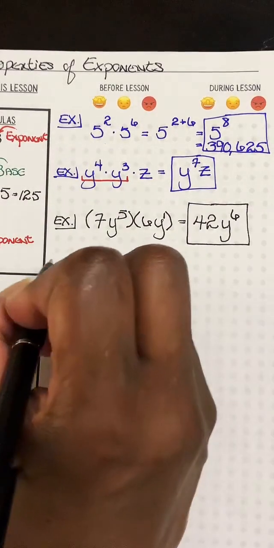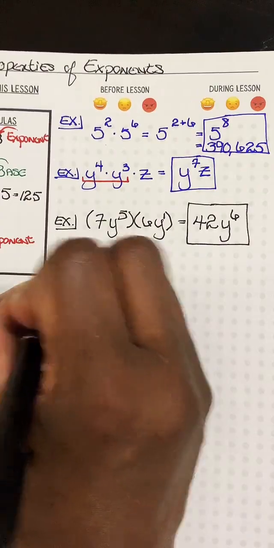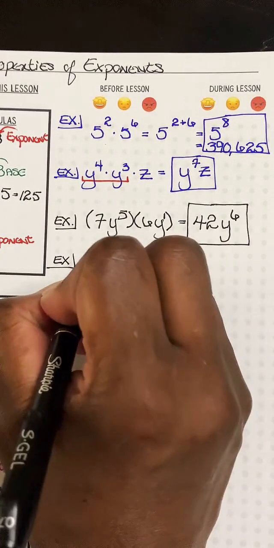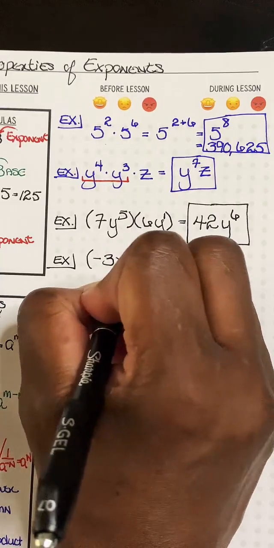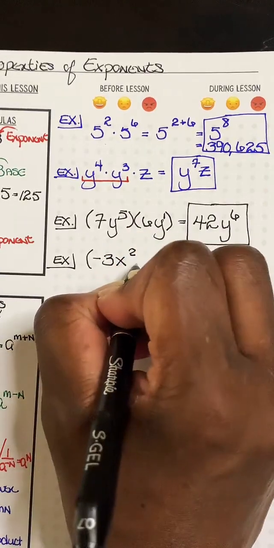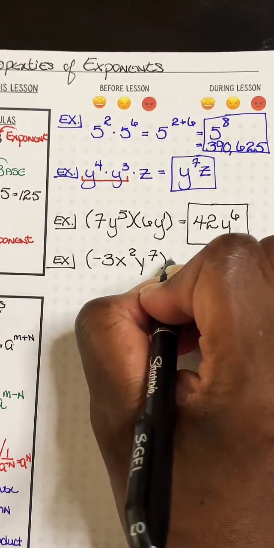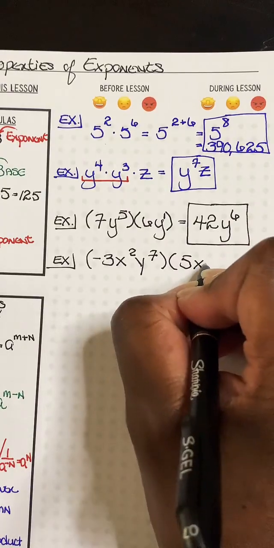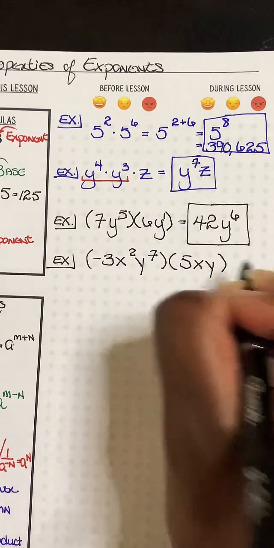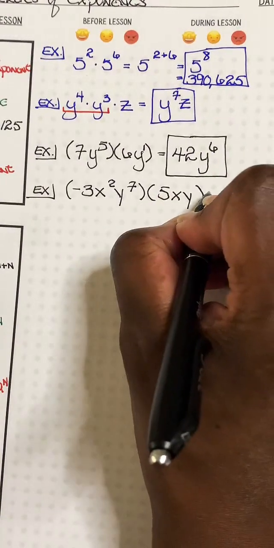So, one more. Let's see if we can redeem ourselves. We got -3 x squared y to the 7th times 5 x y.